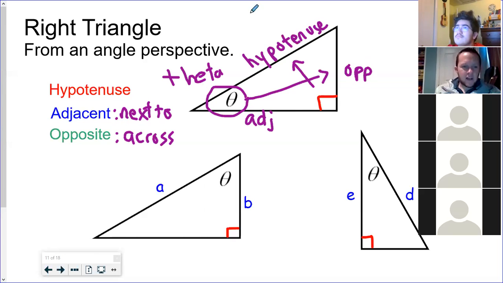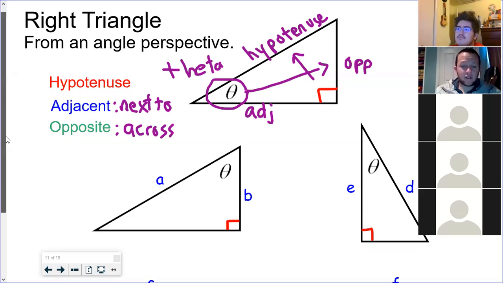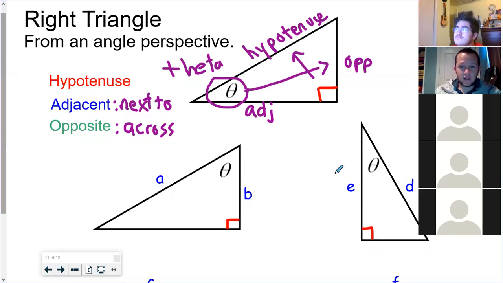Now, you might think this is really basic, but if you don't understand this, you're going to fail this chapter. Not to be rude, but that's just the truth of it, okay? So when I'm looking at this triangle down here with A and B, here's theta. What I'm going to do is try to label what is A and B in their perspective. I think C's down here actually, but let's label all 3 of them. So A is the longest side.